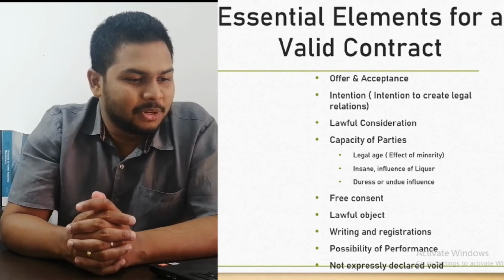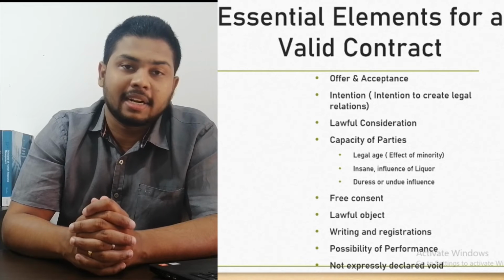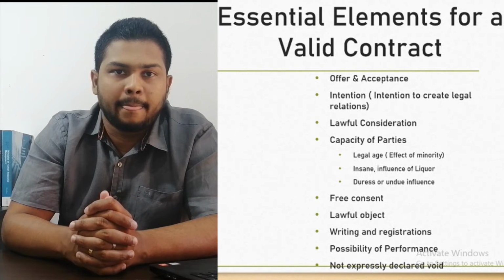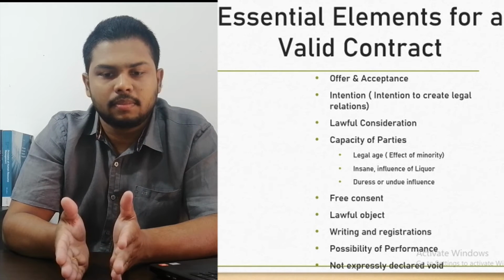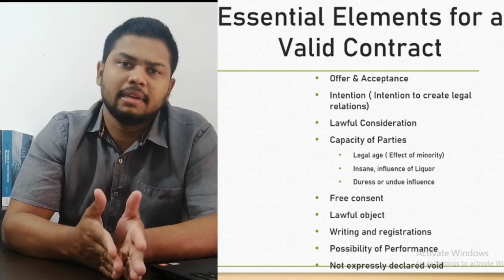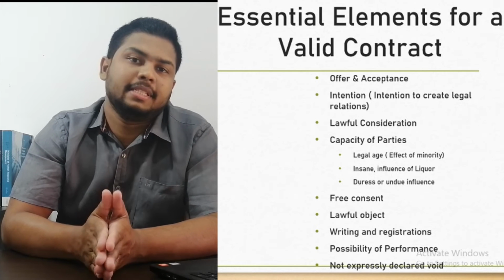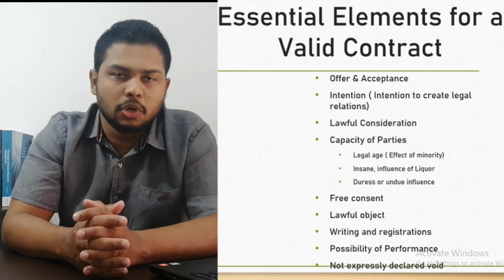That's fine. So if not expressly declared, it's void. If something is not expressed in the contract, it can be void. But of course, there are contract terms and conditions called express terms and implied terms. We are going to know about all these things.